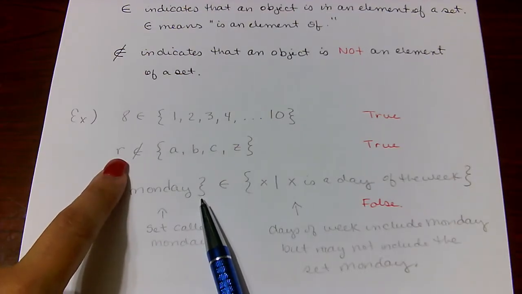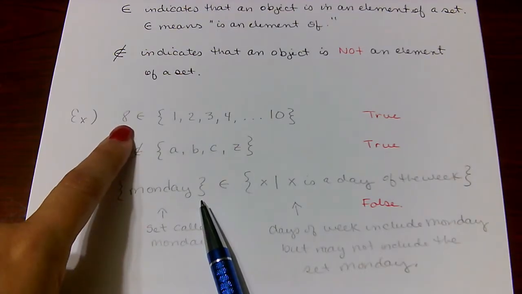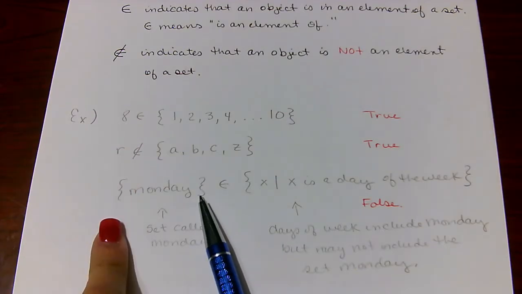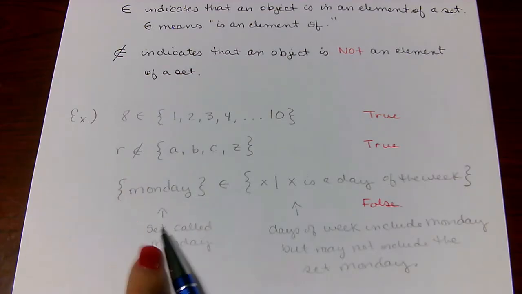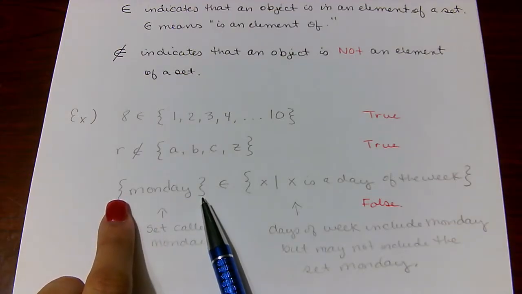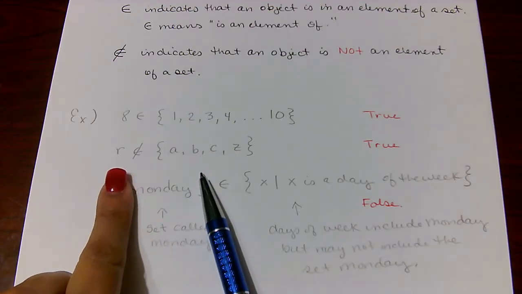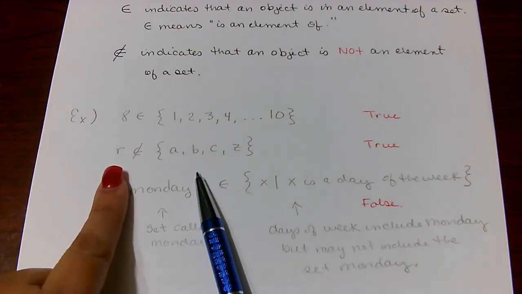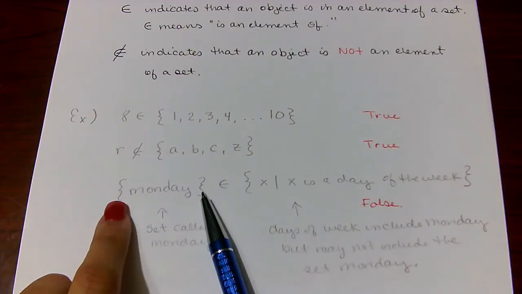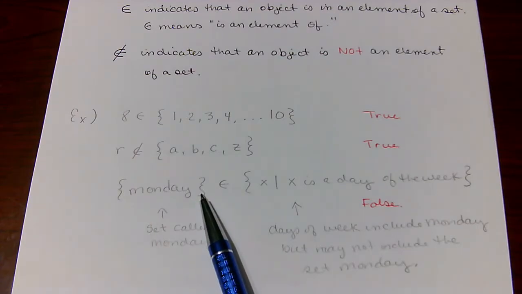Elements are just letters or numbers or words, not in braces. So this is called a set, called Monday. It is not an element. If the braces were not here, this would be a true statement. So the thing that's making it false is having these braces.